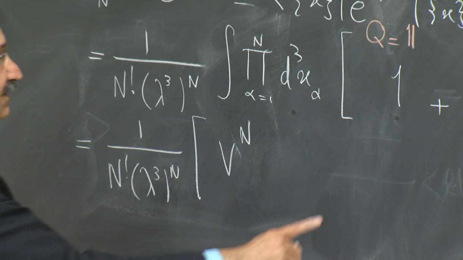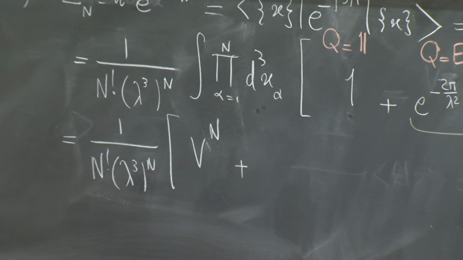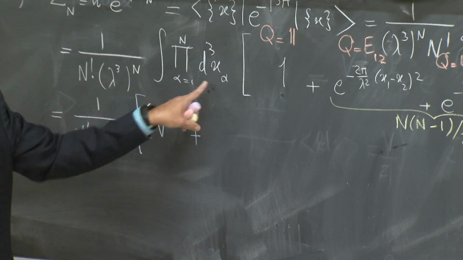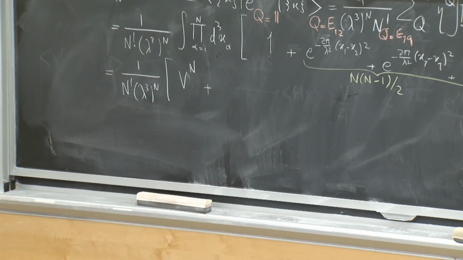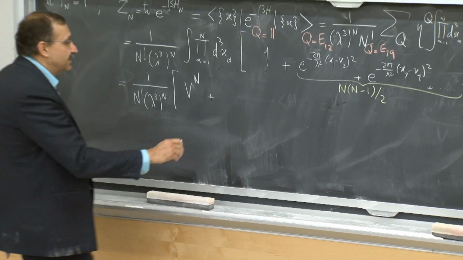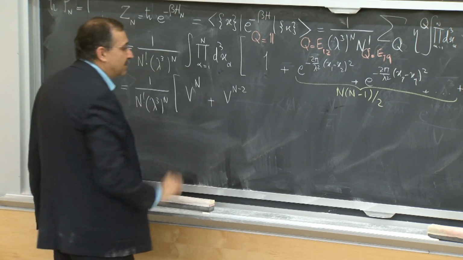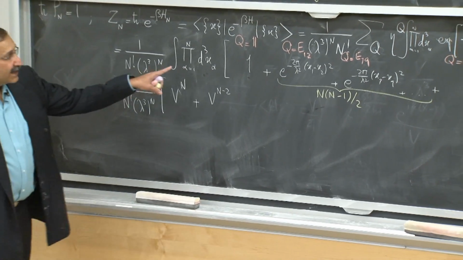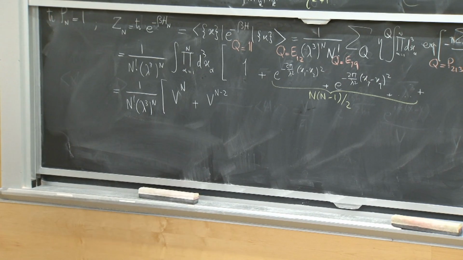The next term, well, I have to do the integrations. The integrations over x3, x4, x5, all the way to xn. There is no factor, so they will give me factors of V, and there are n minus 2 of them. And then I have to do the integration over x1 and x2 of this factor. But it's only a function of the relative coordinate.